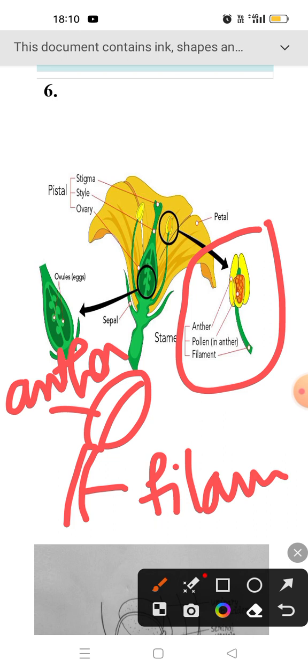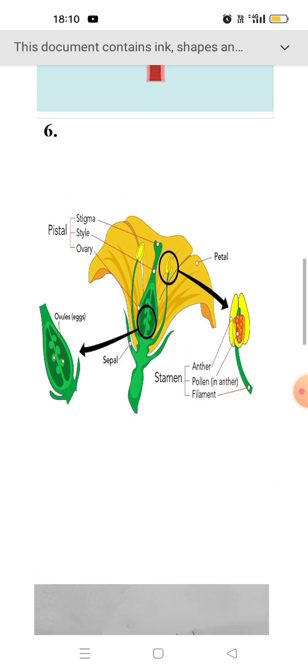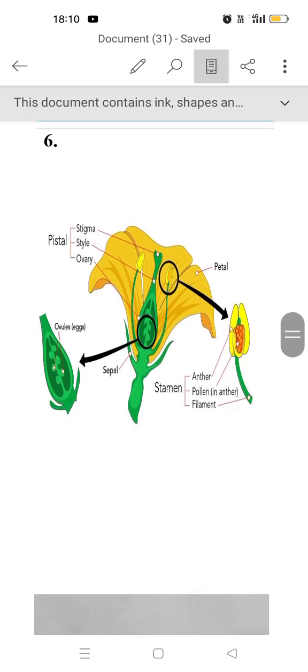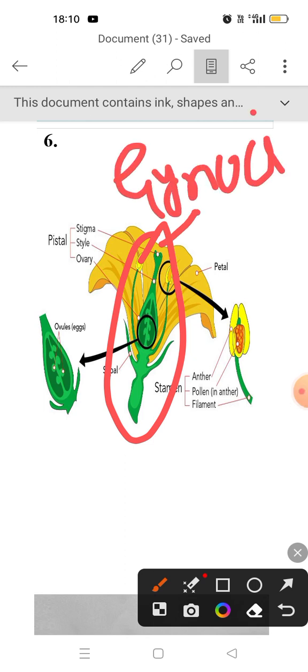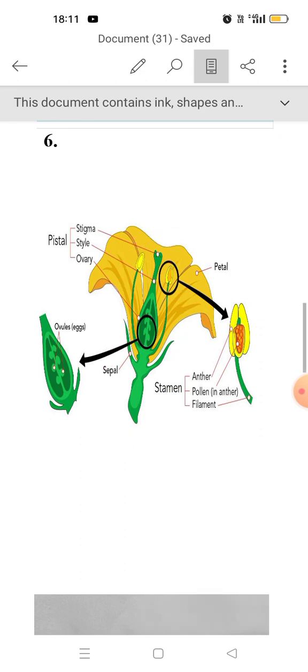And this whole part is known as the female reproductive part. We give it the name gynoecium. Gynoecium is the name of the female reproductive part, and androecium is the male reproductive part. Clear? So just learn all the parts of this diagram so that you can give the answer properly.